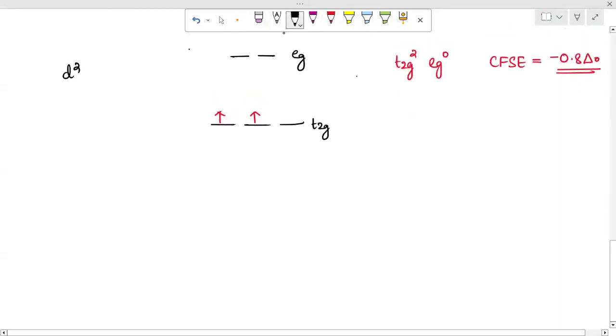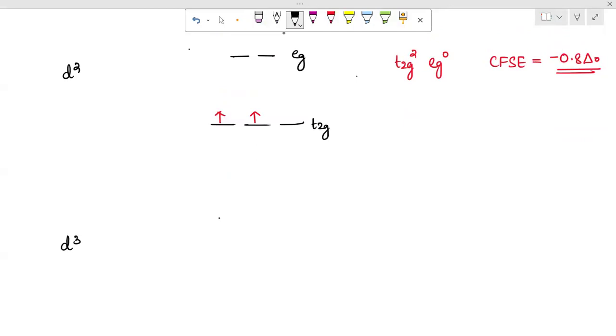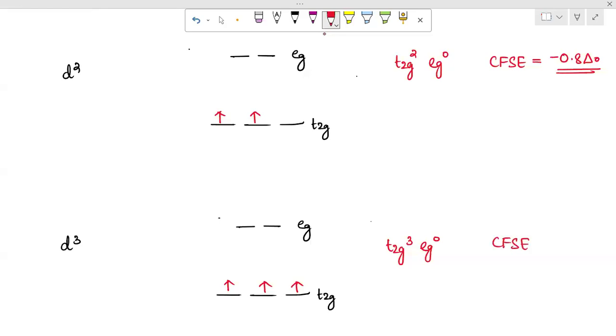No pairing. For the d3 system, you have 3 electrons, 1, 2, and 3. So it is t2g3 eg0. No pairing. CFSE is minus 1.2 delta O.